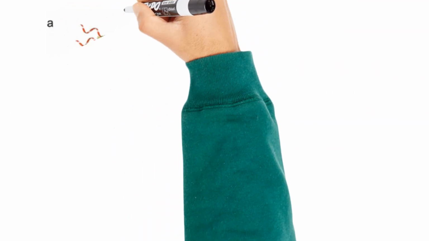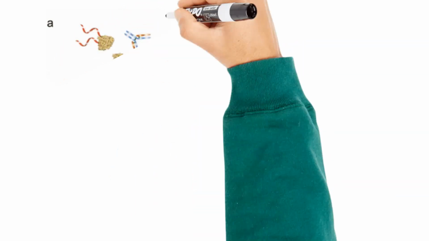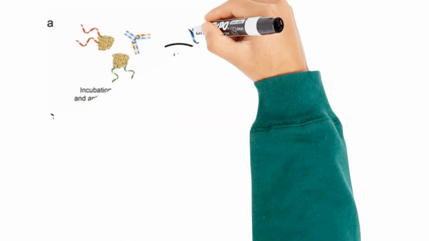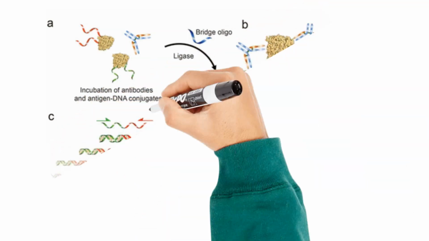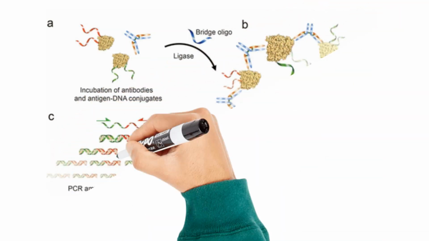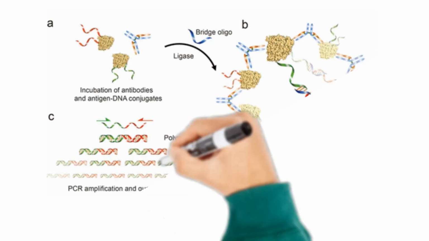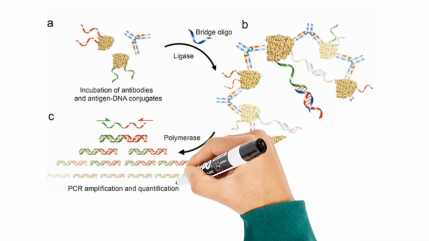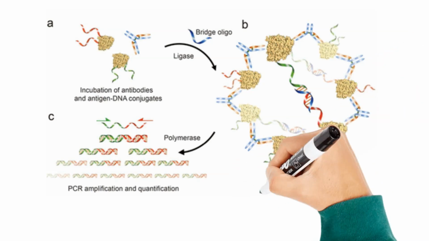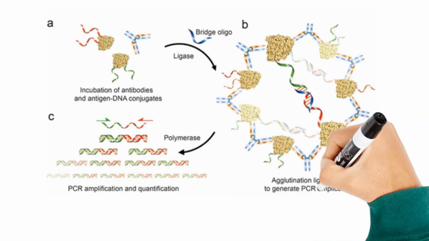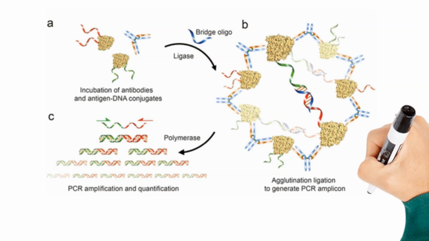Antibody-dependent agglutination polymerase chain reaction, or PCR. It's a newly developed method that involves incubation of patient's serum sample with a pair of synthetic antigen DNA conjugates that have an oligonucleotide sequence comprising the 5' or 3' amplicons. The autoantibodies, if present in the sample, bind to these antigen DNA conjugates and cause agglutination.